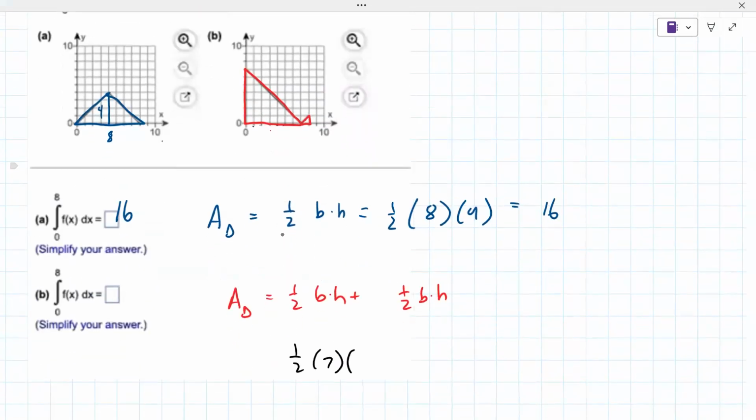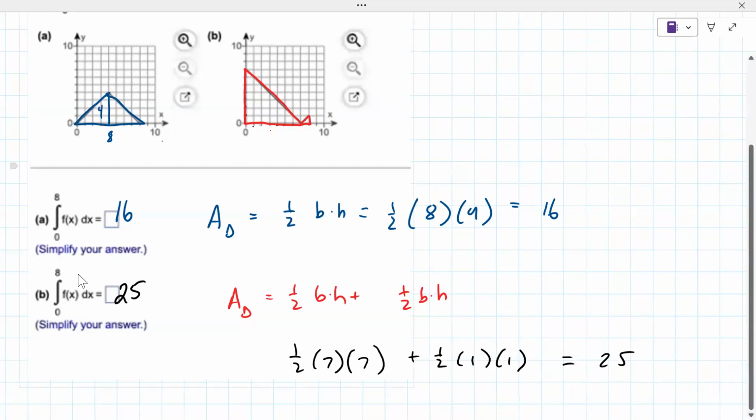And the height is 7 again. Plus 1/2 the second triangle, the base is 1, the height is 1. So this ends up being 49 over 2 plus 1/2, 50 over 2, 25.